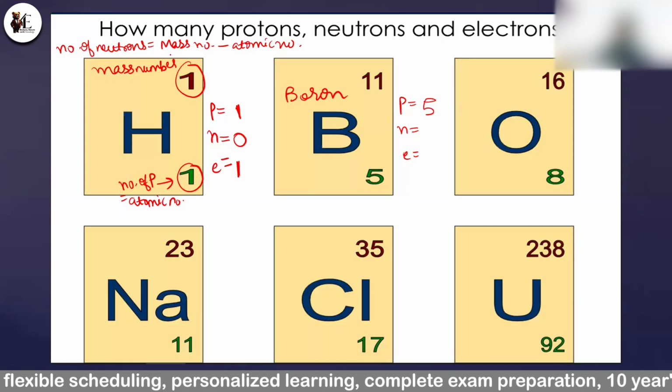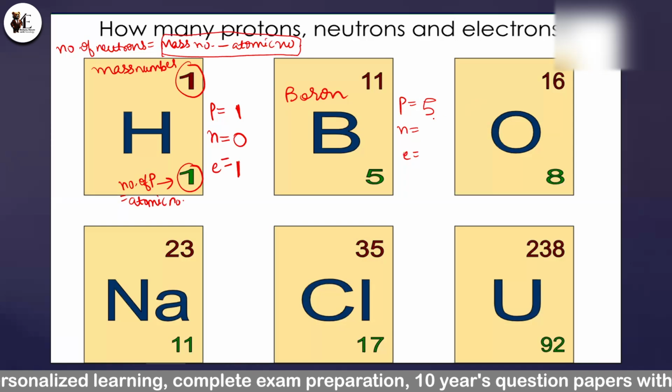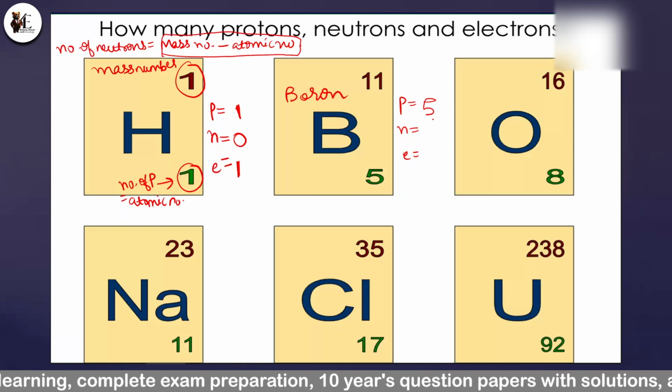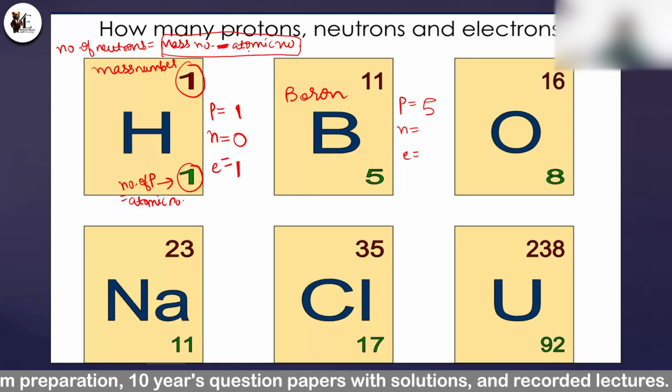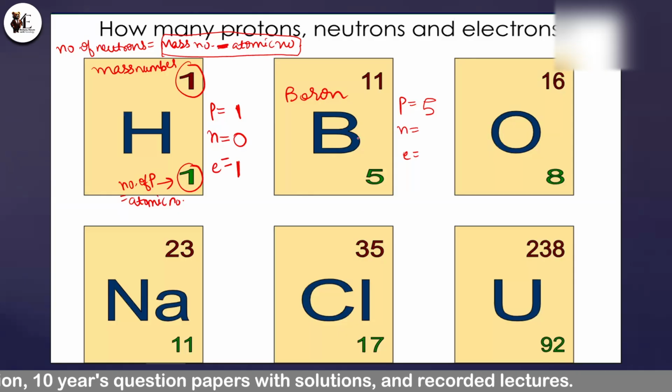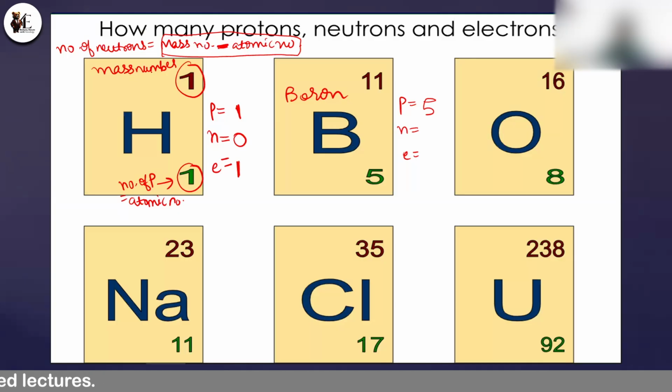Why? Use this formula: mass number minus atomic number. The mass number is this upper one, which I've told you.